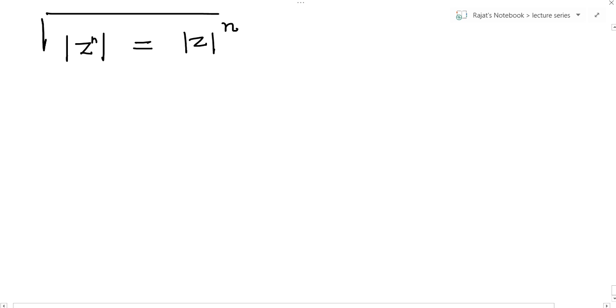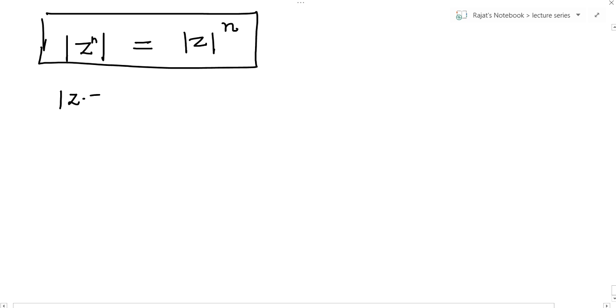So in the modulus, there's a very important property, that modulus of z to the power n is equal to modulus of z whole to the power n. Very important property. And how do we get it? It's very simple.